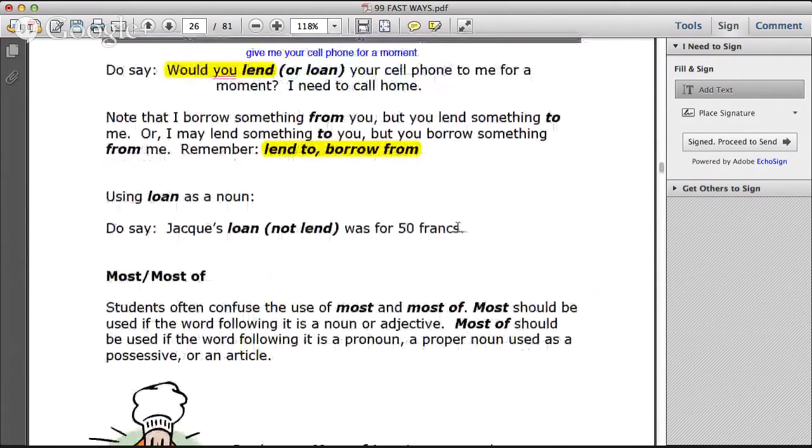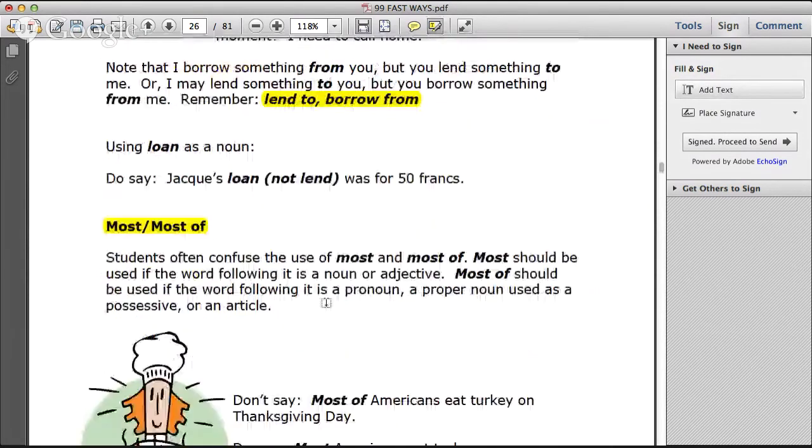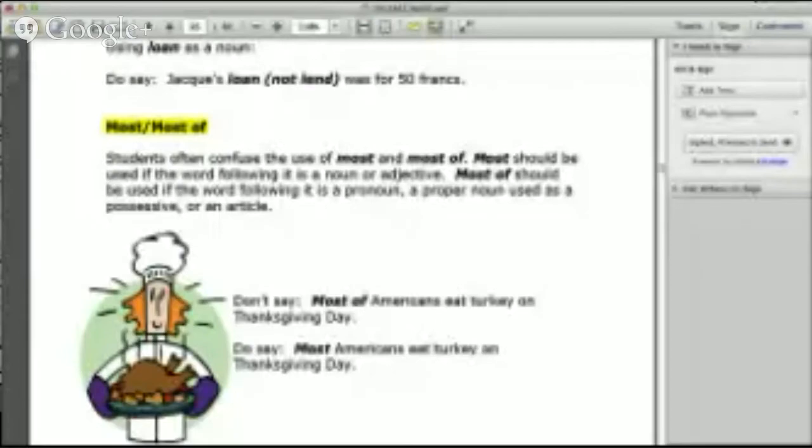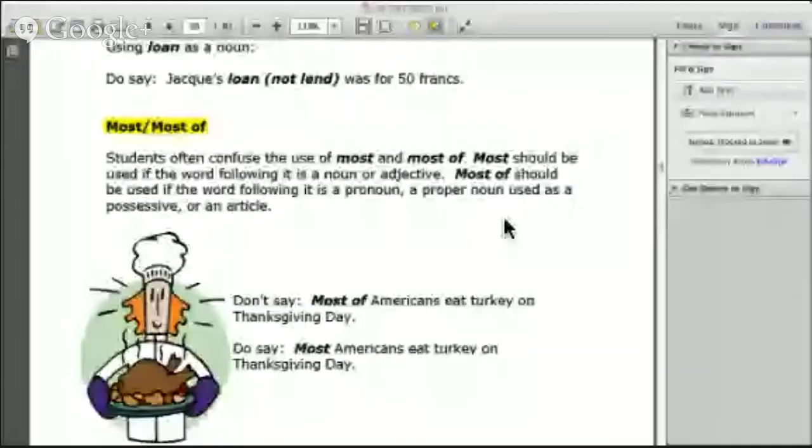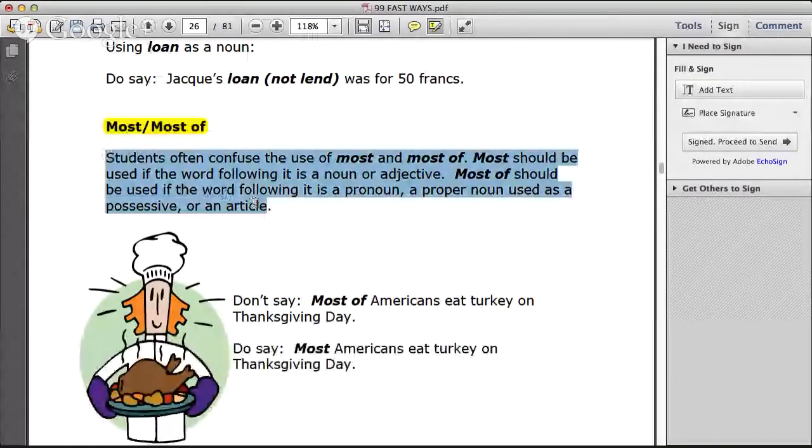Let's take a look at our next one here. So we have most and most of, right? Let's go to, I think Claudio is next. Claudio, let me have you read this paragraph, please. Most of.